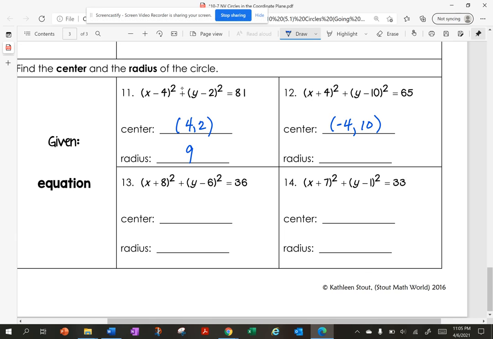The 65 is r squared, so the square root of 65 is r. 13, my center is at (-8, 6). And the square root of 36 is 6. Okay, number 14, h is -7 and k is 1. And the radius is the square root of 33. Okay, we're done.